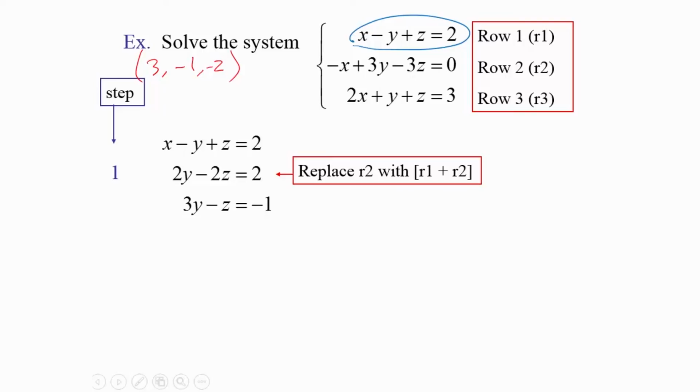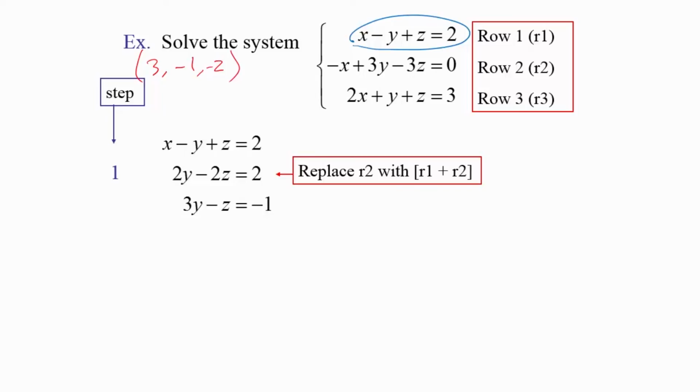What they did is replace R2 with R1 plus R2. So the second row is the summation of R1 and R2.